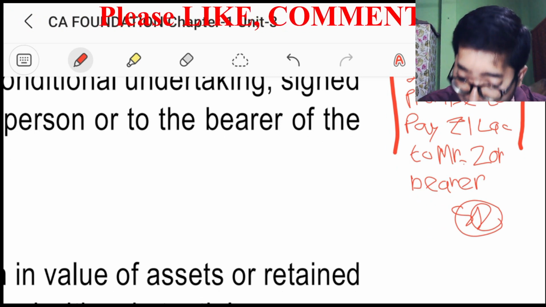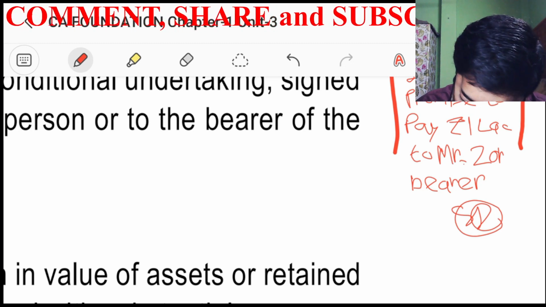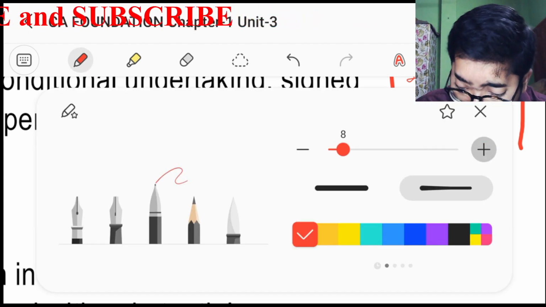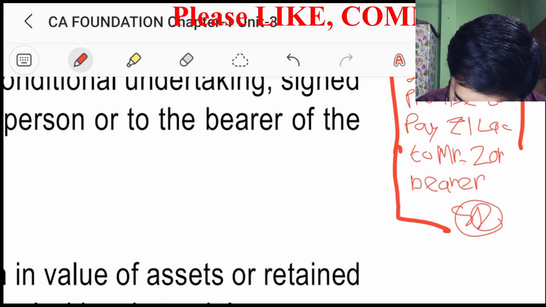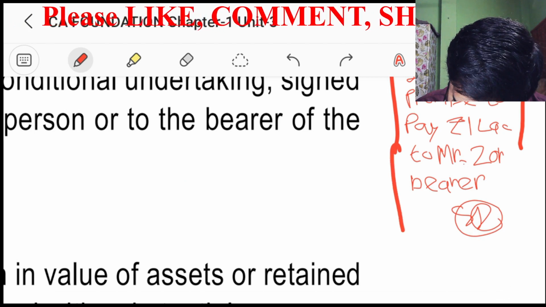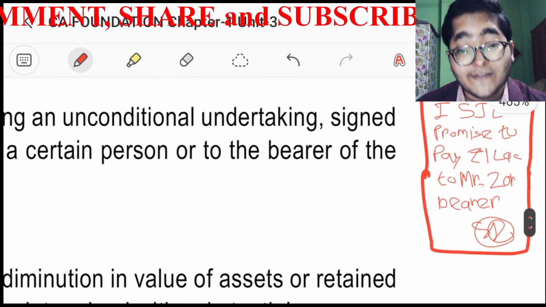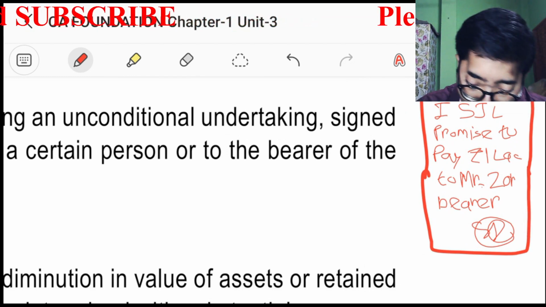Suppose this is my signature. Okay, yes. So this is a promissory note. This is a very simple example of a promissory note. So yes, SJL promised to pay rupees 1 lakh to Mr. Z or bearer, and my signature.